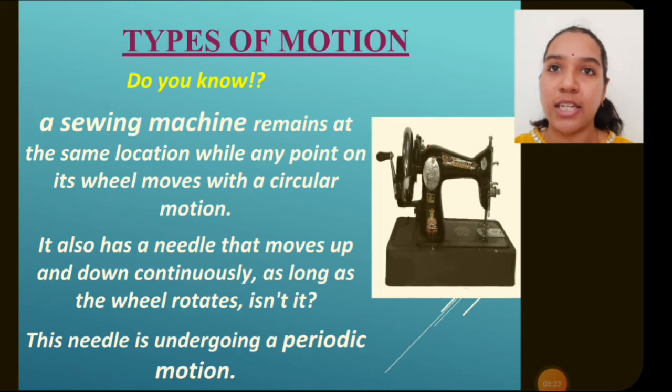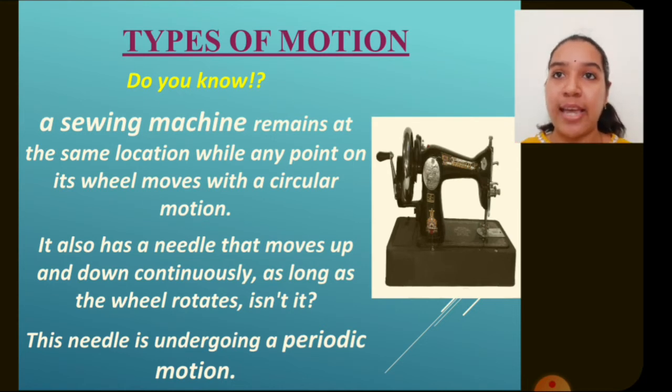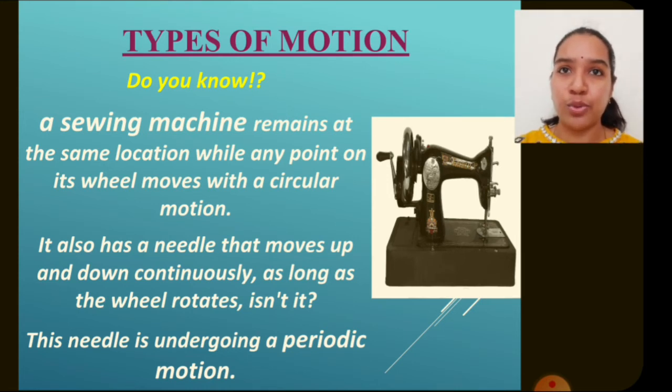You all might think that an object in motion can only show one motion at a time. No. If you have ever observed a sewing machine which remains at a same place but shows movement when used, if you observe it properly, there is a needle fixed which moves up and down when the wheel rotates.